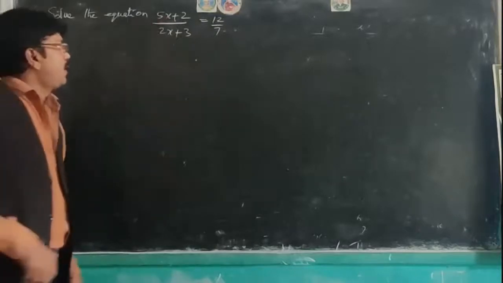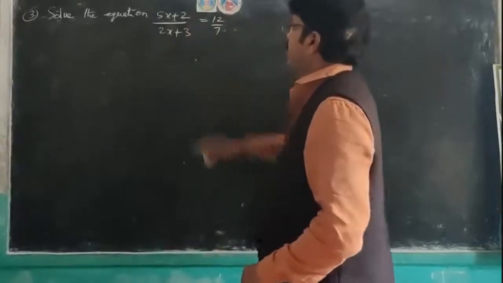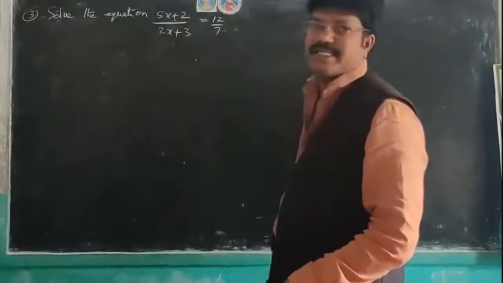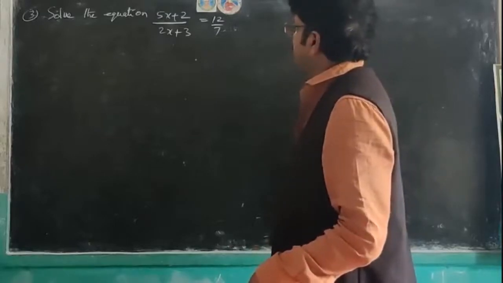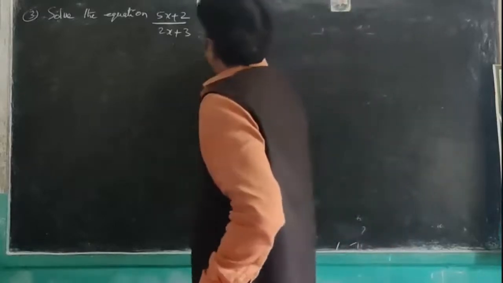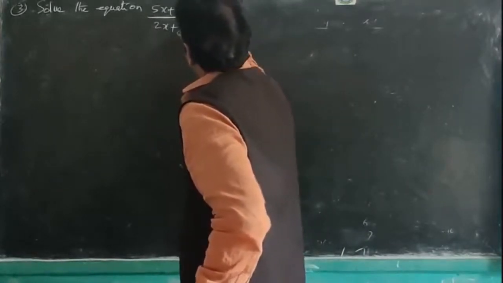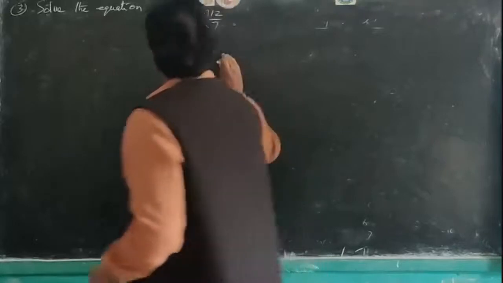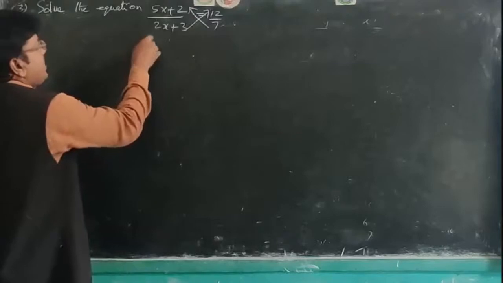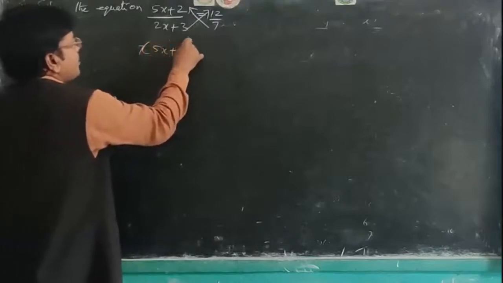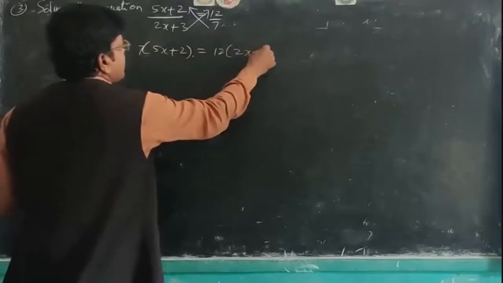5x plus 2 by 2x plus 3 equals 12 by 7. So children, here take cross multiplication. 7 comes to LHS: 7 into 5x plus 2 equals 12 into 2x plus 3.